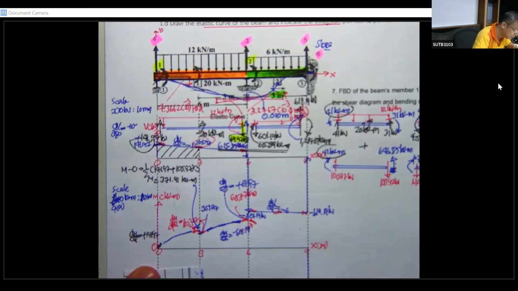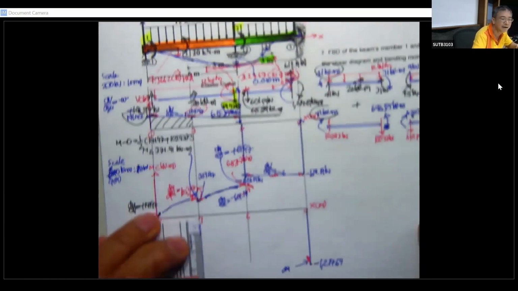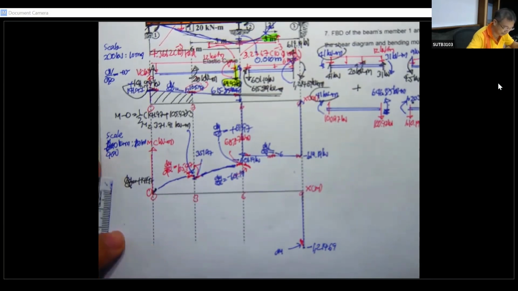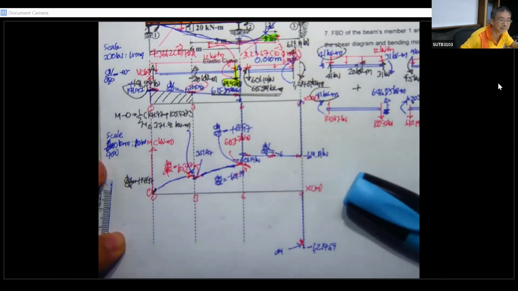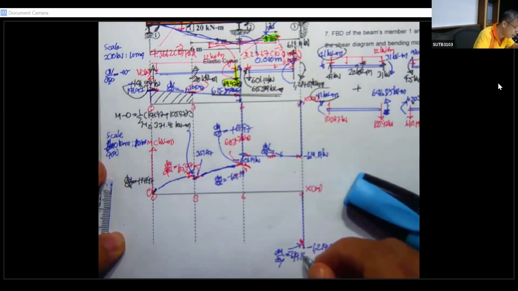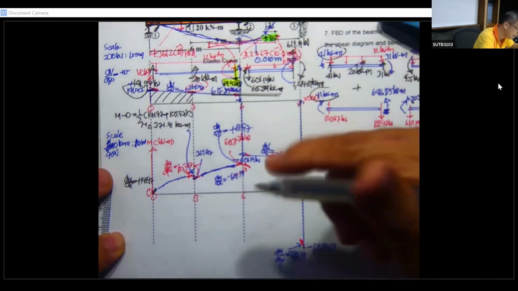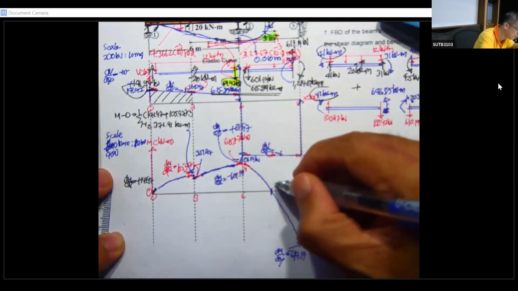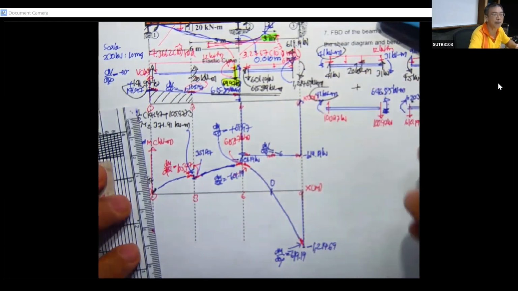And then you said dM by dx. How come it's not in focus? Very strong. Okay, let me put this one. It's maybe focus a little bit better. dM by dx is going to be minus 619.19, and then your curve is going to be something like this, and then you will see this is going to be the point of zero moment.